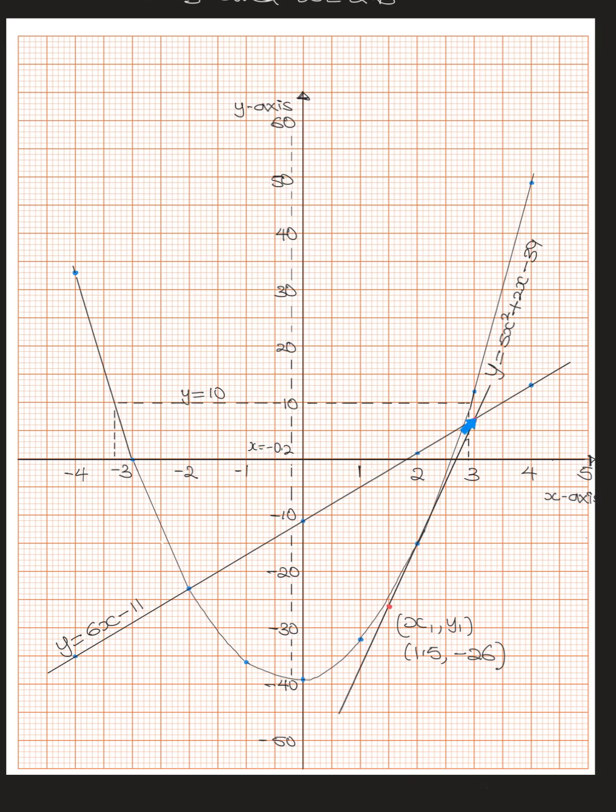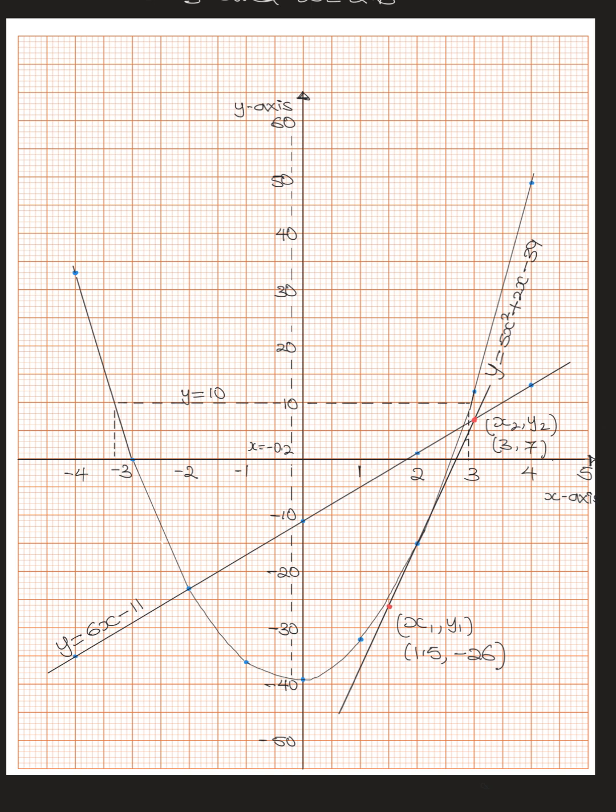Moving on to this point here, x2, y2. So what is the value of x2? The value of x2 is positive 3. And from that same point, what is the value of y? Y is positive 7. Okay?